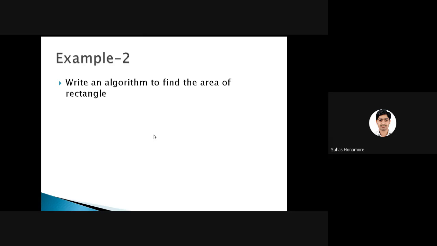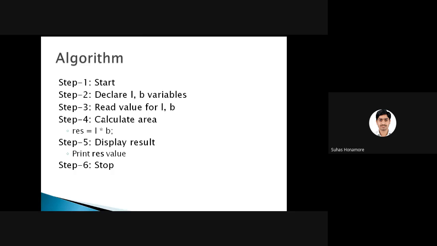That is what we have written here, the same thing. Start. Declare L and B, length and breadth, as variables. While analyzing, we got two variables as of now. Then we say read values for L and B, then calculate area.